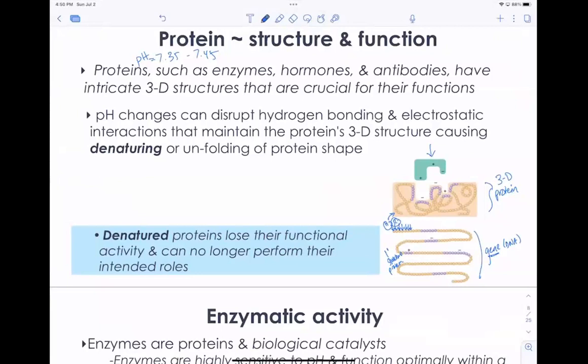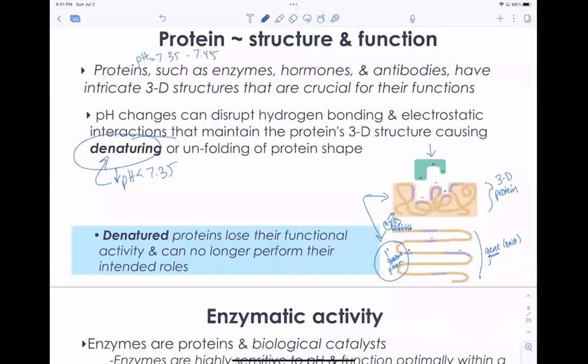And if the pH drops below 7.35, what's going to happen is something called denaturing. This acidic environment causes the three-dimensional shape of the protein to fall back to the primary structure. So it unfolds, or denatures.